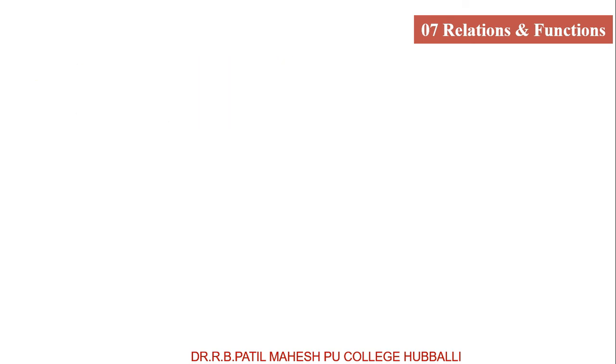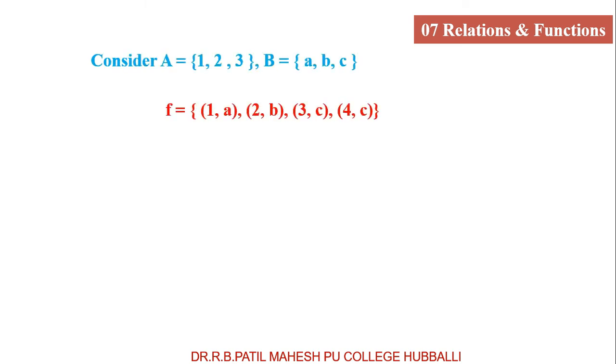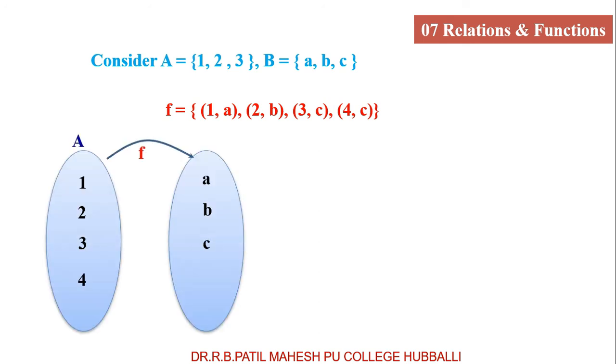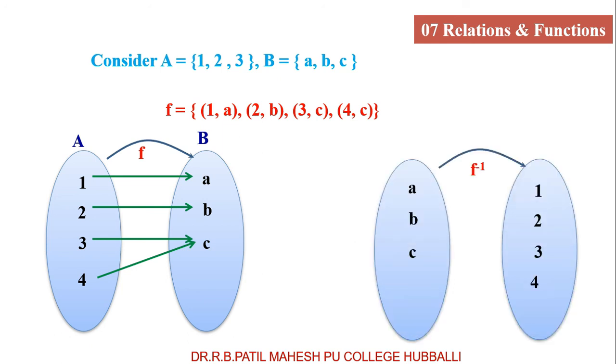Let us take a function from A to B. The function is defined 1 to a, 2 to b, 3 to c, 4 to c. Clearly this is an onto function. And the reverse of this, B to A: a is related to 1, b is related to 2, c is related to 3 and c is related to 4.